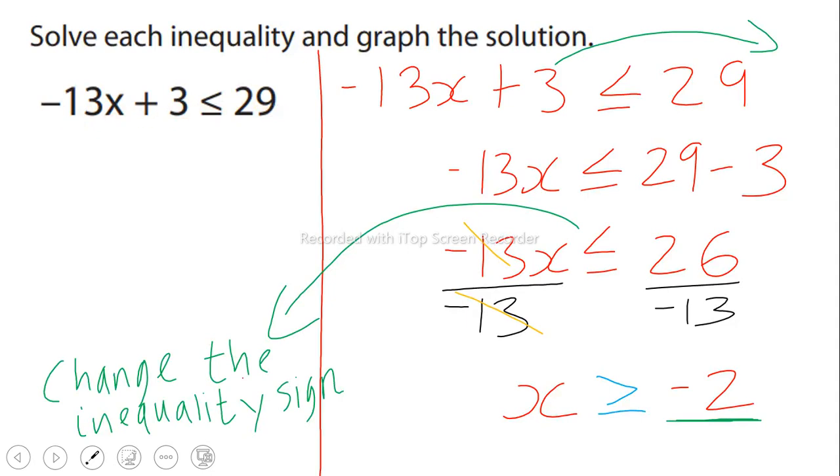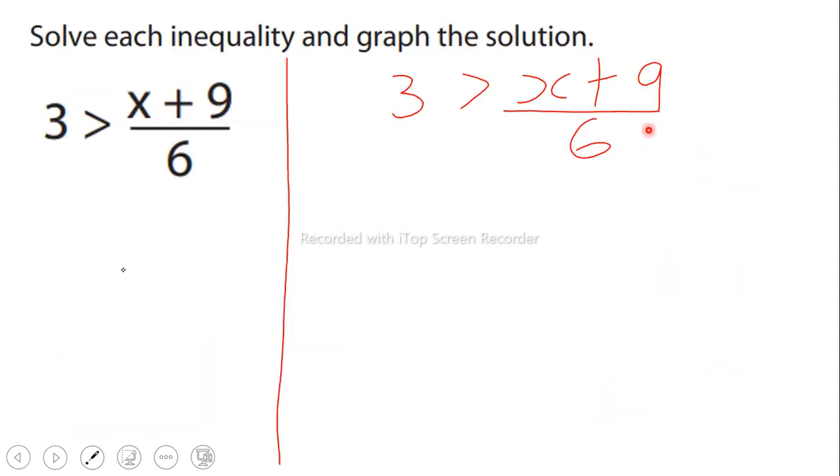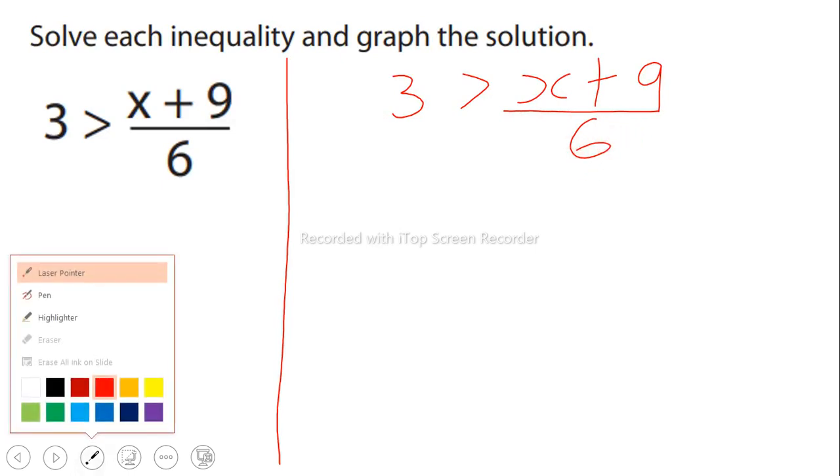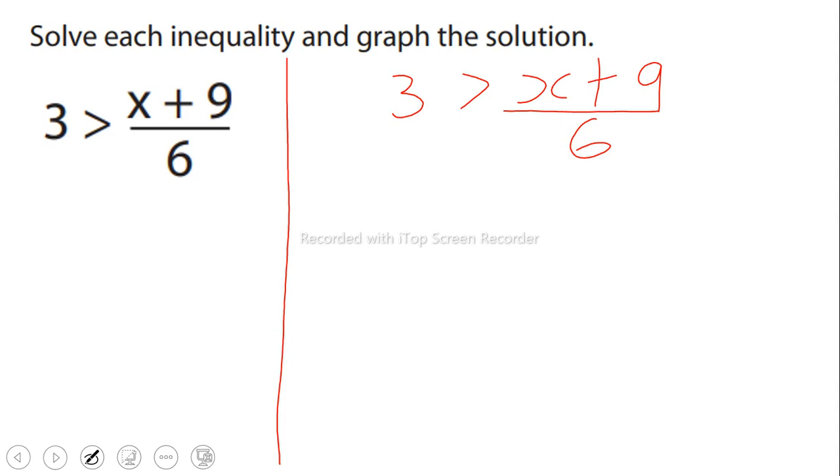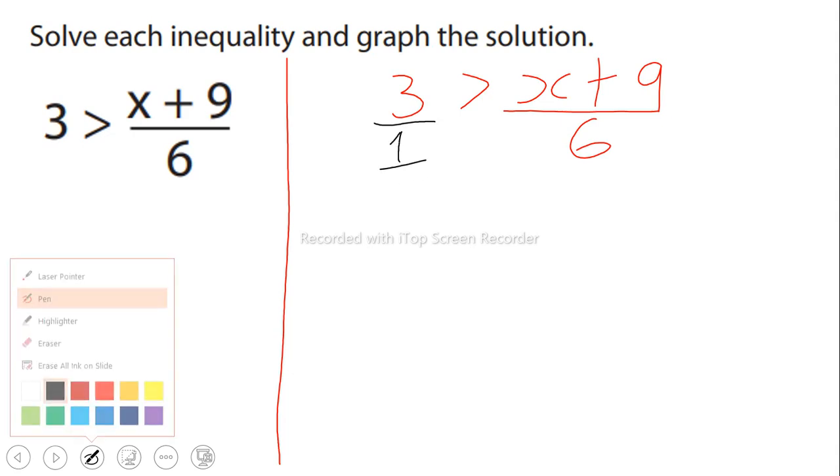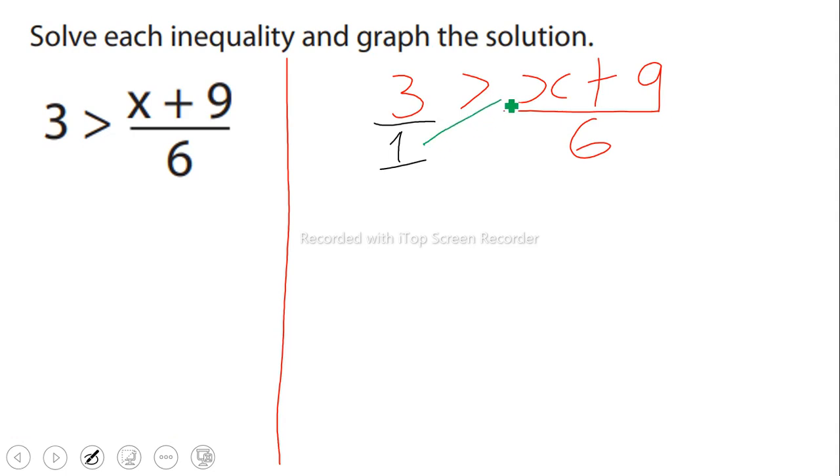So the first thing we must do is get rid of this 6 at the bottom. Anyone could guess how? Multiplying it on both sides, evenly. Cross multiply. So we multiply 1 by this and 6 by that.